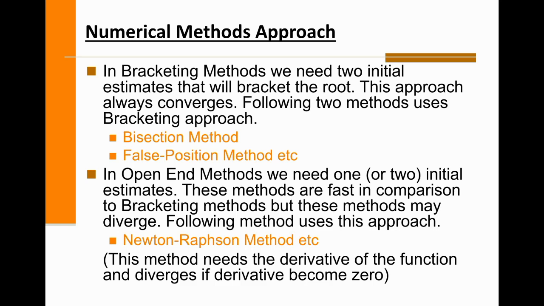Now in an open-end technique, the method uses only one value sometimes, or sometimes it may take two values as well, but the approximation may not lie in that bracket. One thing I want to clarify: in a bracketing method, every time the new approximation lies between our bracket. That's why they are called bracketing methods. Newton-Raphson is a method of the open type.